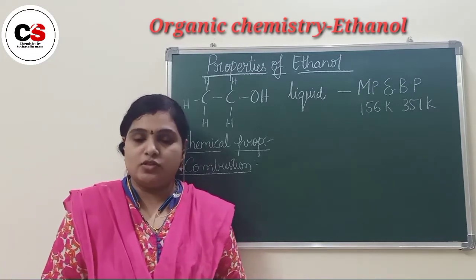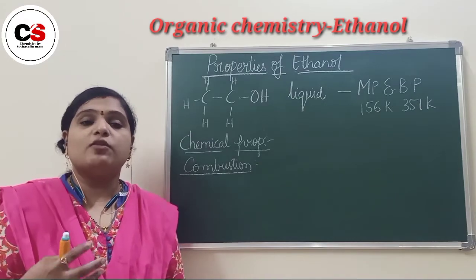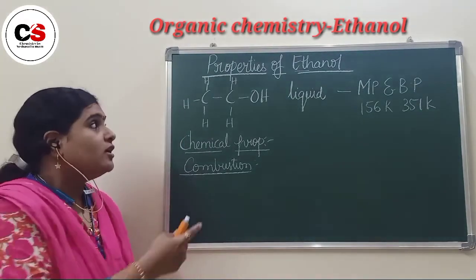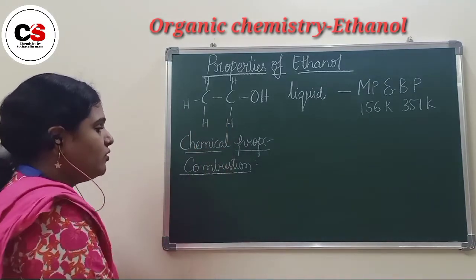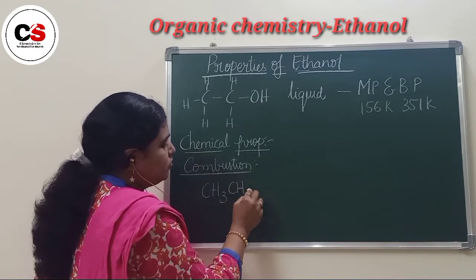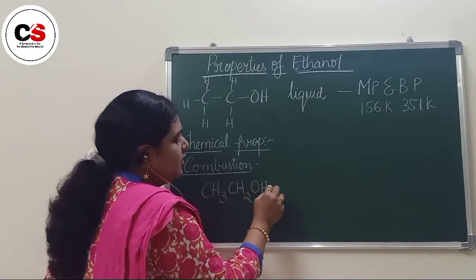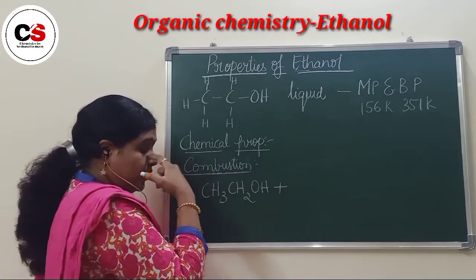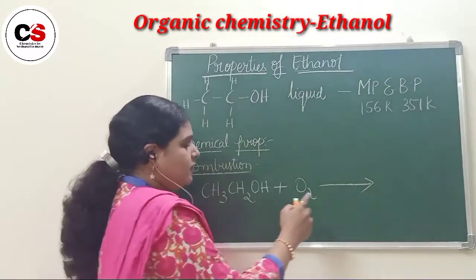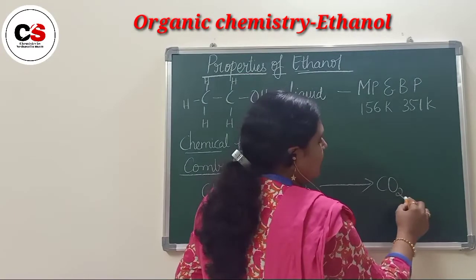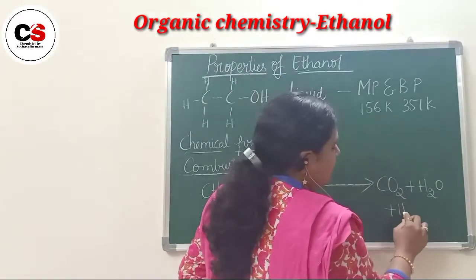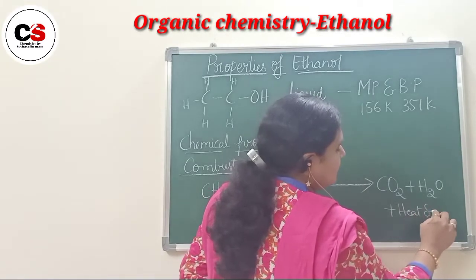If it burns in presence of oxygen, it gives out carbon dioxide and water vapor along with heat and light. So, combustion reaction of ethyl alcohol we will write CH3CH2OH. This is the formula of ethyl alcohol, right? In presence of oxygen, it will burn and give out carbon dioxide and water vapor along with heat and light.